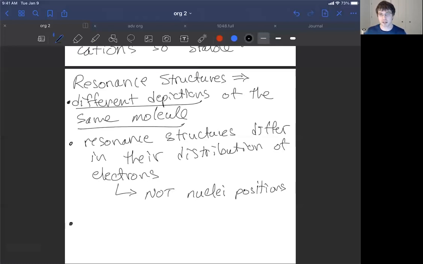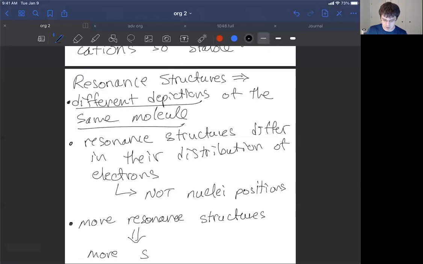Another really important intuition to have is that more resonance structures leads to more stable molecules.